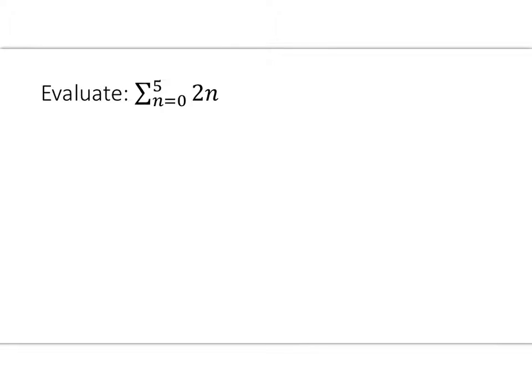So this says evaluate the sum from n equals 0 to 5 of 2n. So this bottom is telling me the starting value, the top is telling me the end value. So I'm going to start by plugging in the 0, and I'm going to keep adding to that, but plugging in the next number up until I get to my top number.